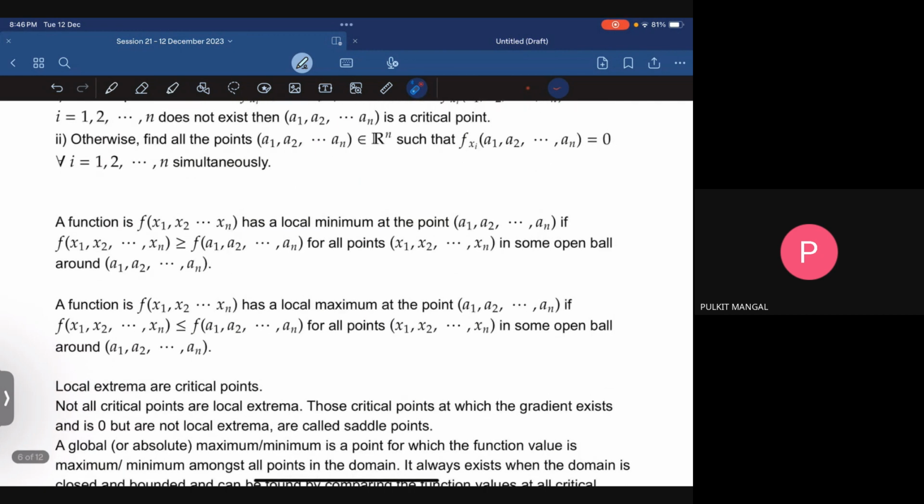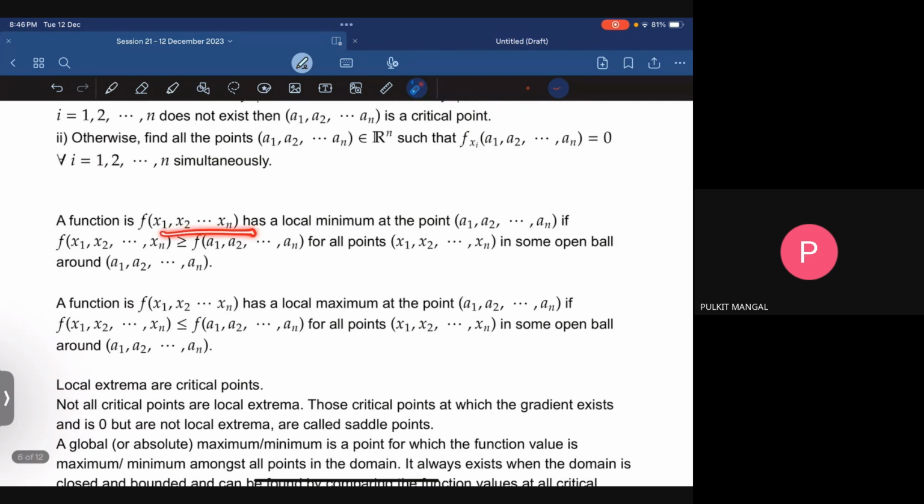So for the function f, here we are basically defining the condition for local minimum and maximum. It is the same as we studied in our single variable case: the point a1, a2 till an is called a local minimum if the function value at this point is minimum around its open ball.